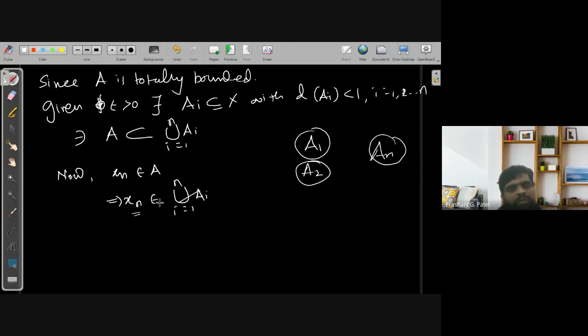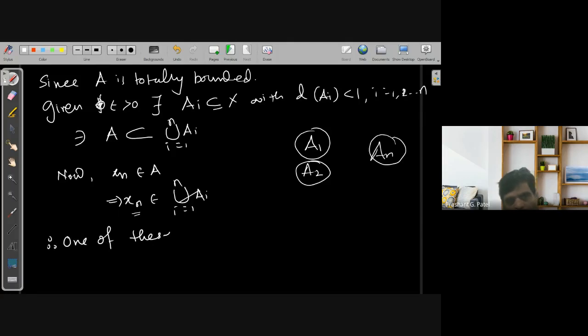So this sequence is an infinite sequence. That means one of these sets A_1, A_2, up to A_n contains infinitely many points of x_n.